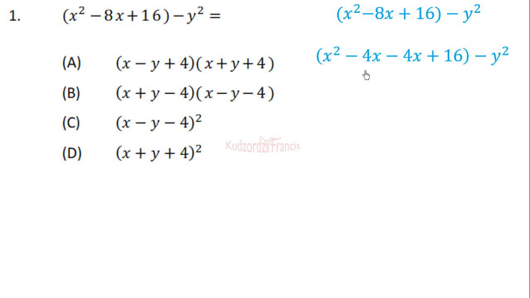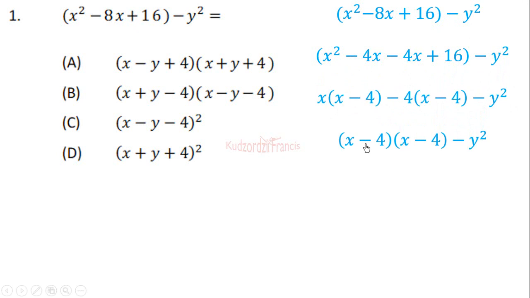So the next thing we do now is to proceed with the factorization. We factor x out here and -4 out here. Then we factor further, we collect like terms, we factor further to obtain this, and this is the same as x minus 4 all squared.